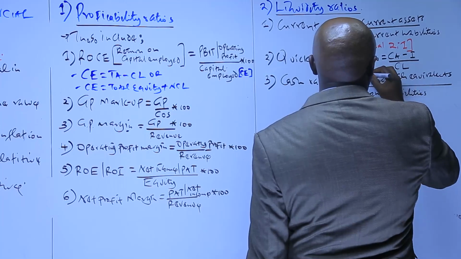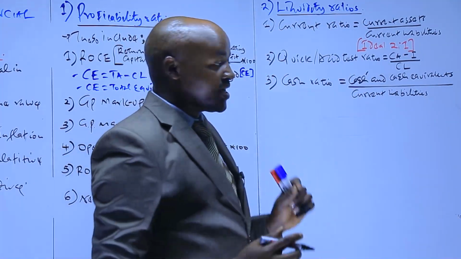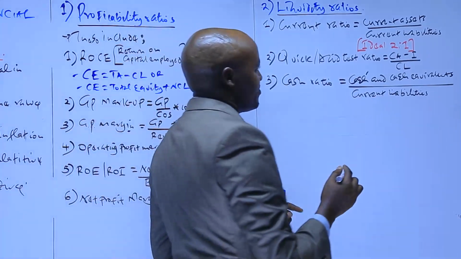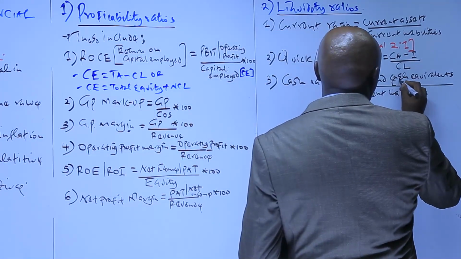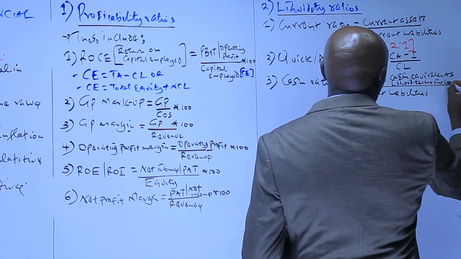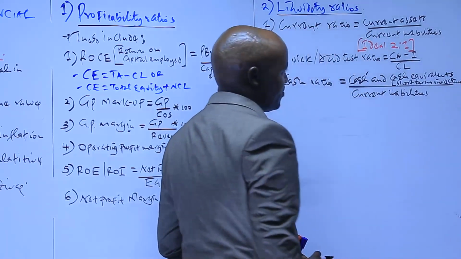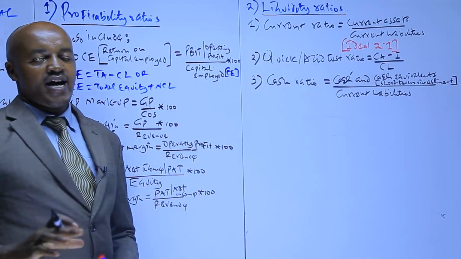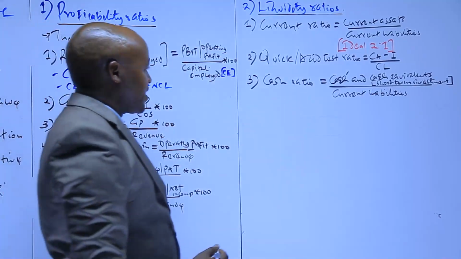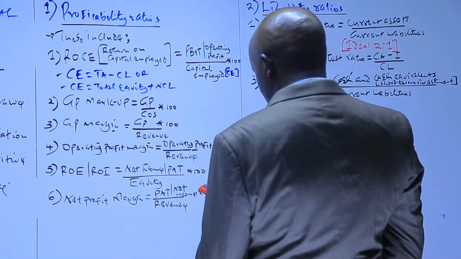When we talk about cash here, we are talking of cash in hand, cash at bank, and then cash equivalents. These are short-term investments, which in the statement of financial position are part of the current assets. So those are the various liquidity ratios.